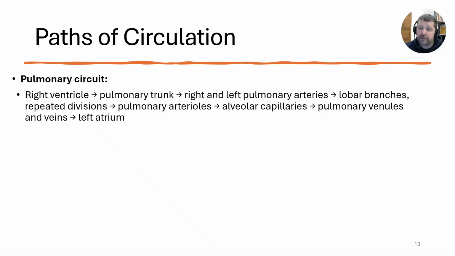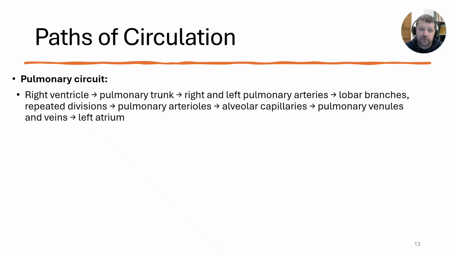All right, path of circulation. This is moving right into the respiratory system. So we know that the right ventricle is pumping low oxygenated blood into the pulmonary trunk. The pulmonary trunk is then sending it to the right and left pulmonary arteries.